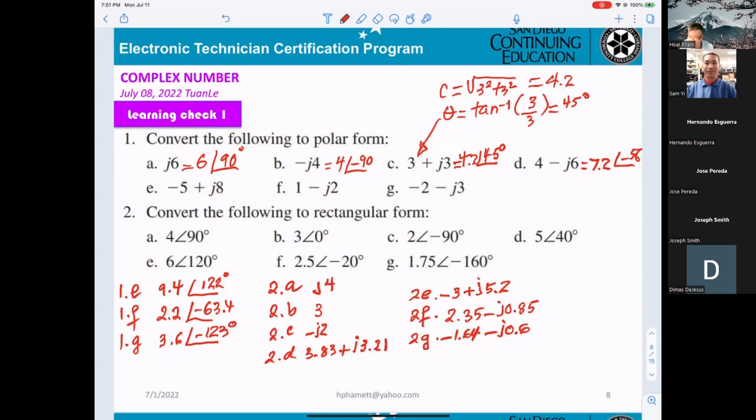Okay, and also I have some not-so-good news about the program. The dean said for next semester, if you already have this certificate, then you cannot register anymore into this program. Wow.